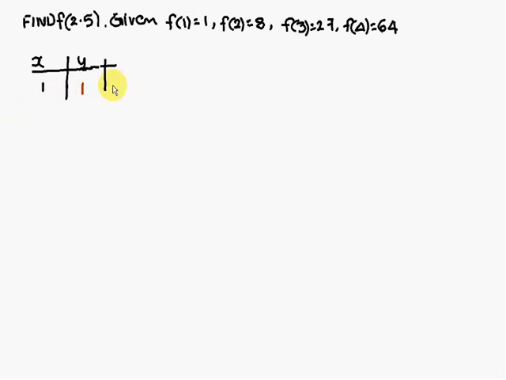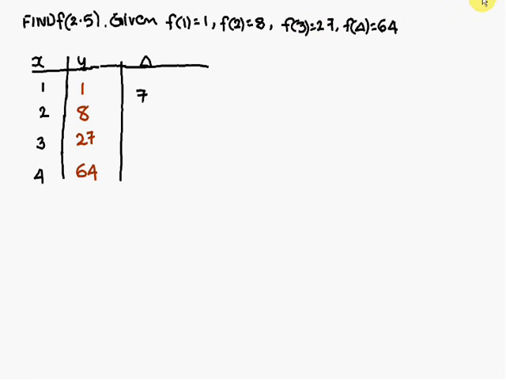Therefore 1, 1 I have written. Similarly for f of 2 is equal to 8, x value is 2 and y value is 8. Next, 3 and 27, x value is 3 and y value is 27. Next one is 4 and 64.